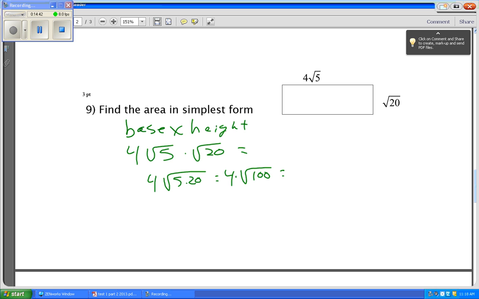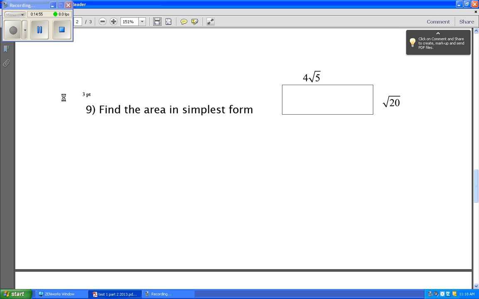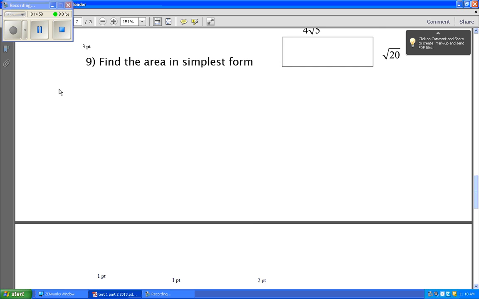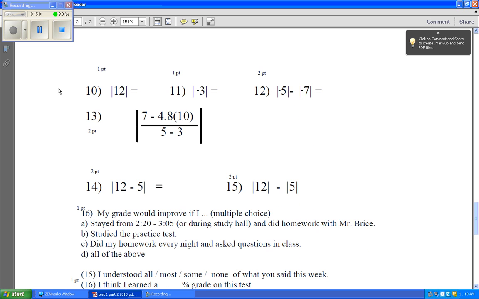The square root of 100 is 10. So it's 4 times 10, which is 40. Now we can say it's 40 units squared. 40 units squared. Okay, because area is measured in how many squares fit in a specific spot. Okay, let's take a look at this.